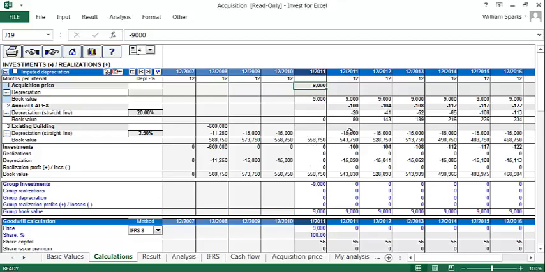It also shows in the balance sheet, and then the depreciation shows up here. So now this specific asset has its own depreciation plan here in the investment table on one row. There's no investment, but there's the book value.